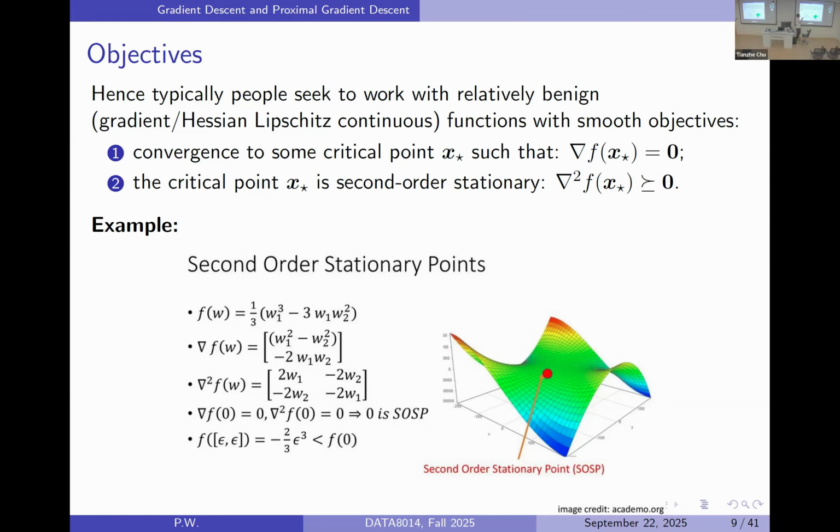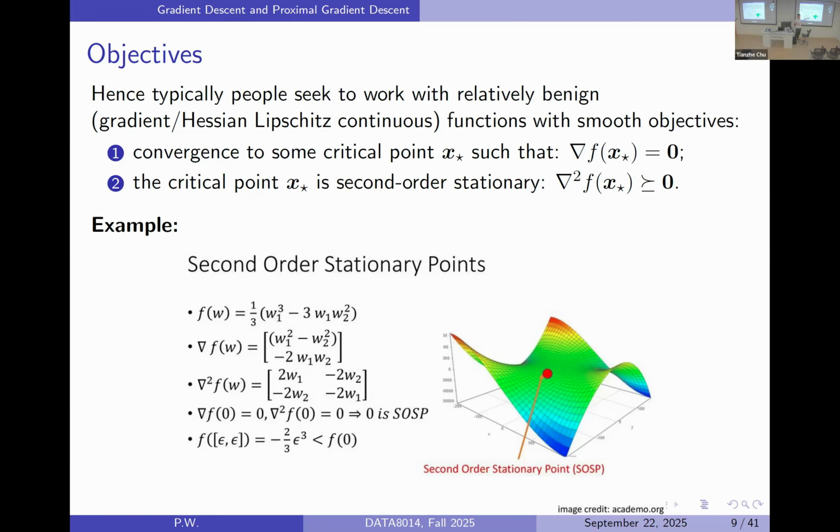Consider the point w1 equal to 0, w2 equal to 0. Obviously it's a critical point, and the Hessian matrix is the all-zero matrix, right? Of course, it's positive semi-definite. So this point is a second order stationary point.